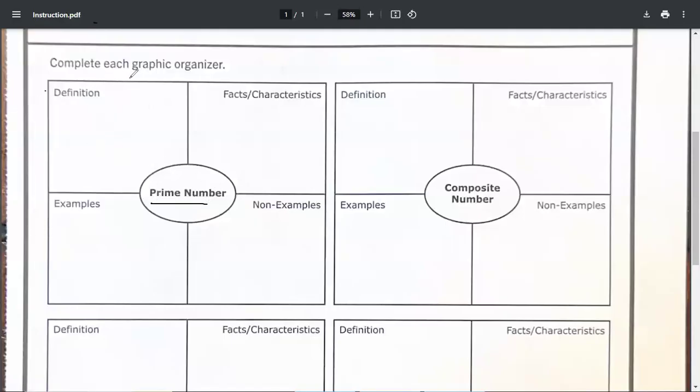Now, when we talk about prime numbers, we're going to have the definition. I'm going to write the definition and then I'm going to read it.